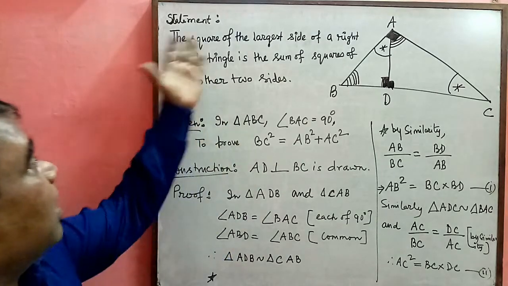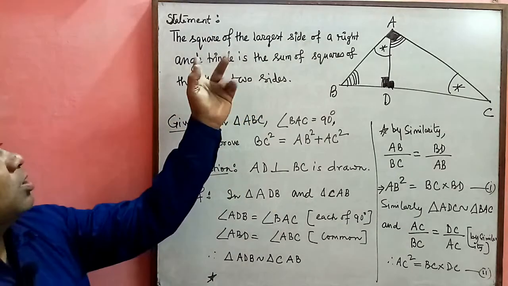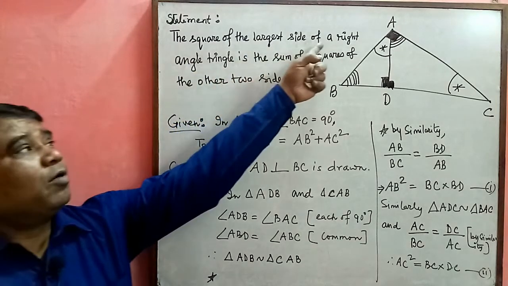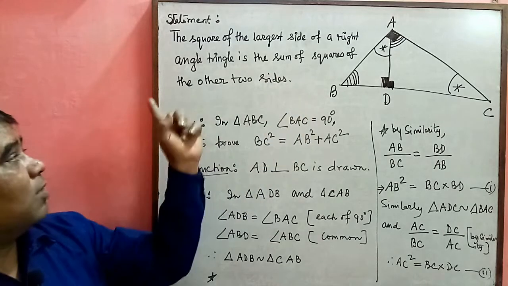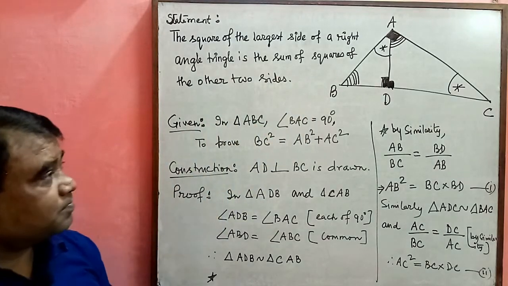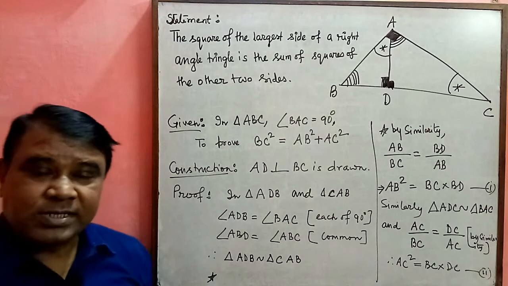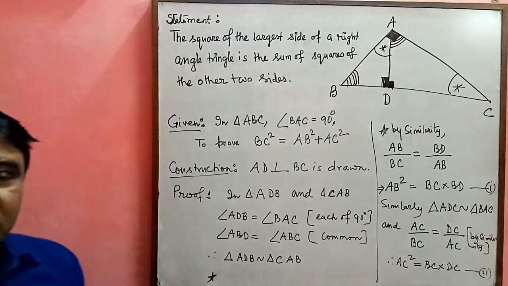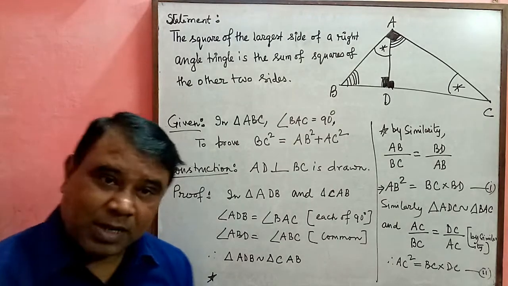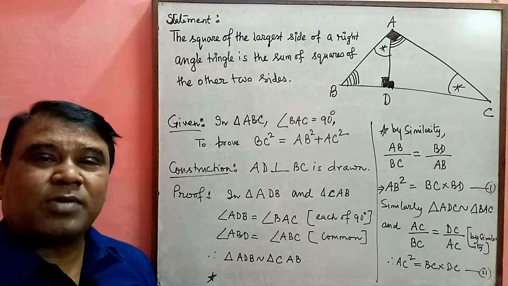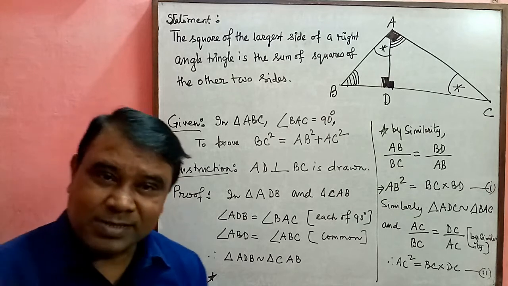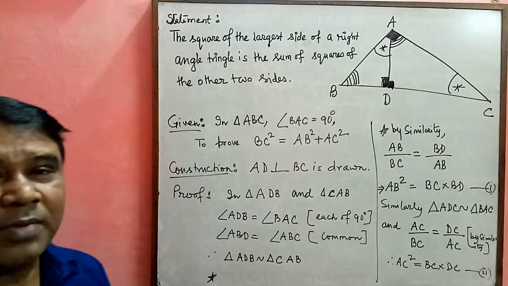So the statement is that the square of the largest side of a right angle triangle is the sum of squares of the other two sides. We say the largest side is the hypotenuse, so hypotenuse square is equal to the sum of the squares of the other two sides, that is perpendicular square plus base square.